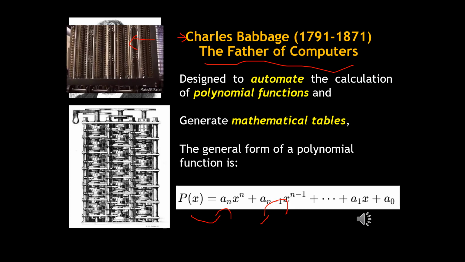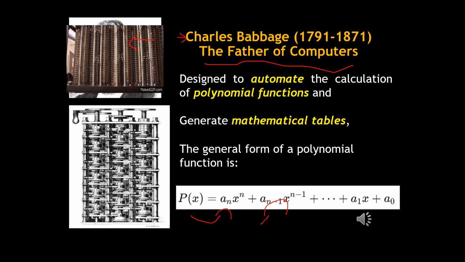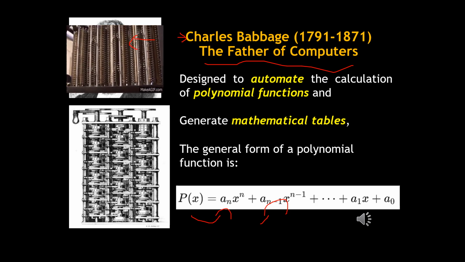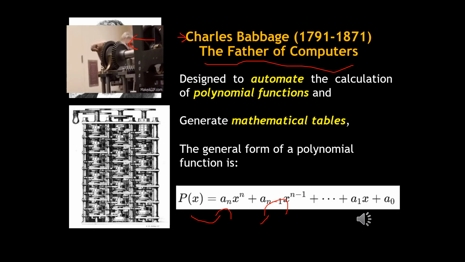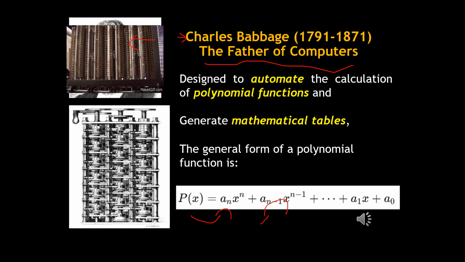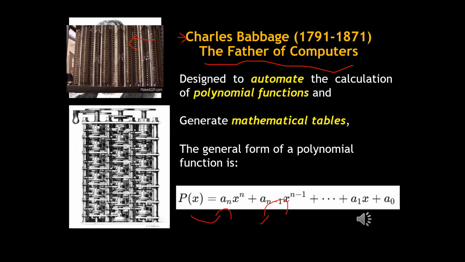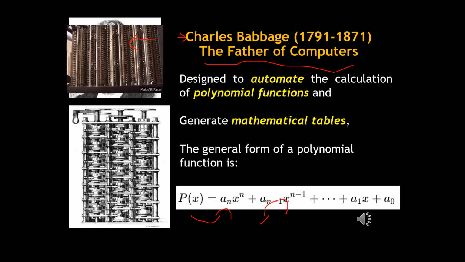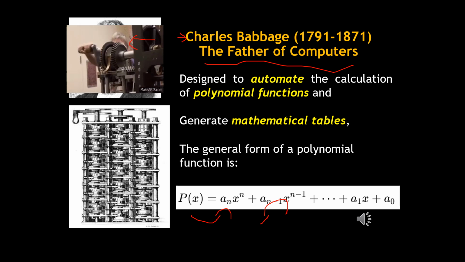And in this case, a polynomial function is a mathematical expression that consists of many variables and coefficients that combine using addition, subtraction, multiplications, where all these variables are raised to non-negative integer powers.